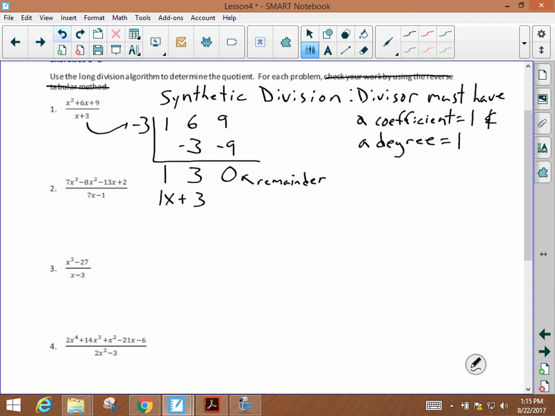So then my answer here is x plus 3. The way that I'm going to figure this out is, my largest degree was 2. So since the degree of my dividend, or my numerator, was 2, then this degree has to be 1.